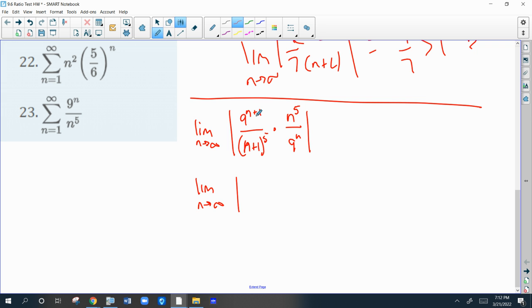Simplify. We'd have 9 up top here, and n plus 1 to the 5th on the bottom.